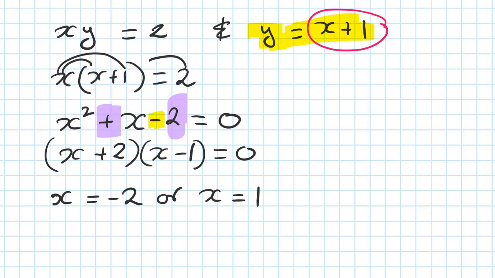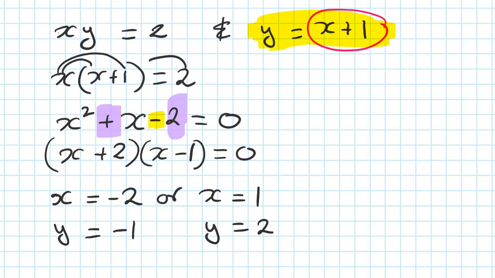Now, because I found x already, I'm going to find y. So I substitute minus 2 into y equals x plus 1, the one I highlighted in yellow, which is easier. Minus 2 plus 1 is minus 1. For x equals 1, y equals 1 plus 1, which is 2.